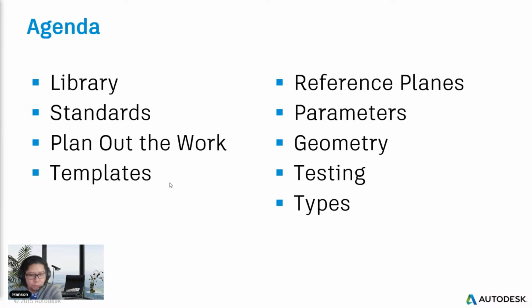That's a generic model template that we can use to start our work. Then we will deal with templates, reference planes, parameters, geometry, one by one, and testing and Revit family types.